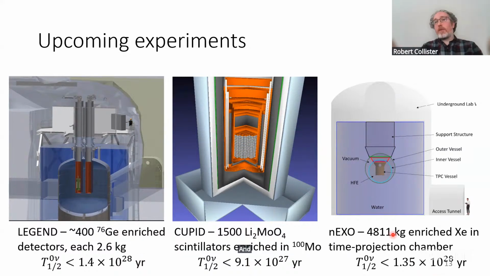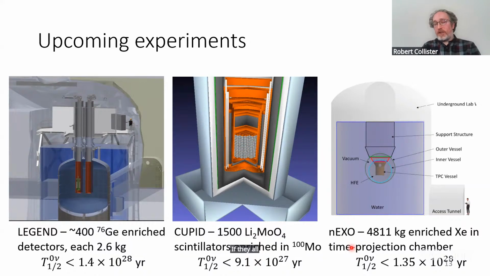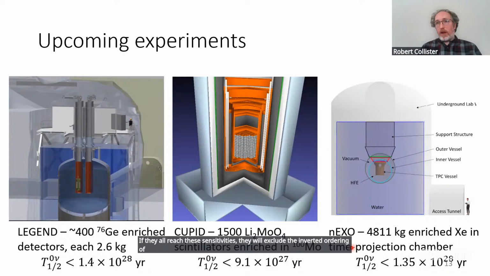And so these are the upcoming generation experiments, and they're all interesting because when we're talking about the neutrino mass hierarchy problem, if they all reach these sensitivities, they will exclude the inverted ordering of neutrino masses.